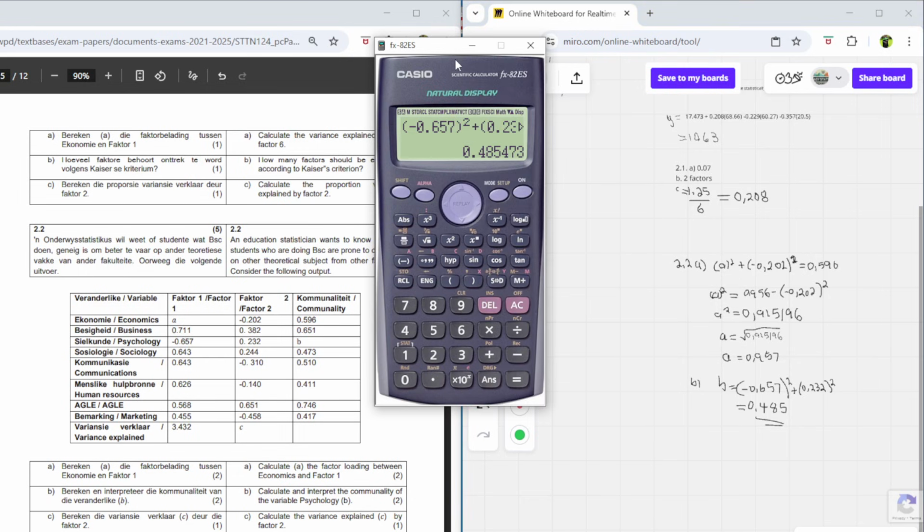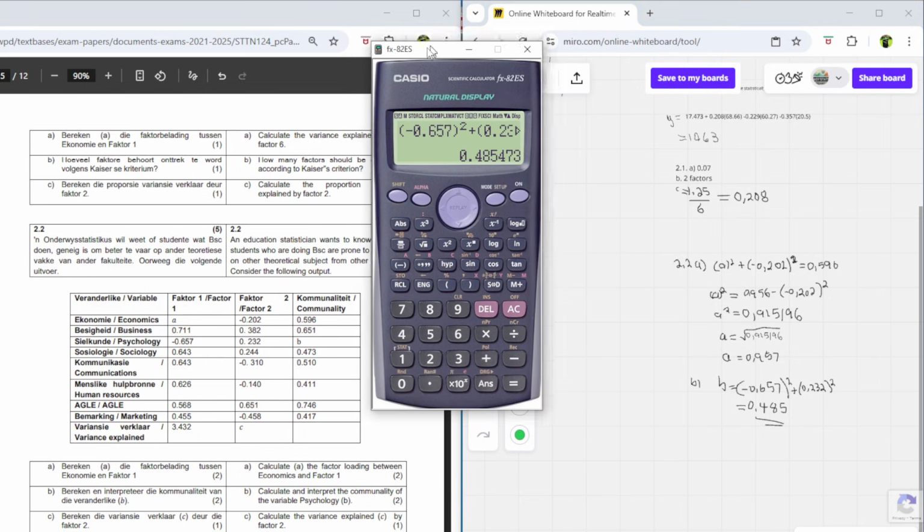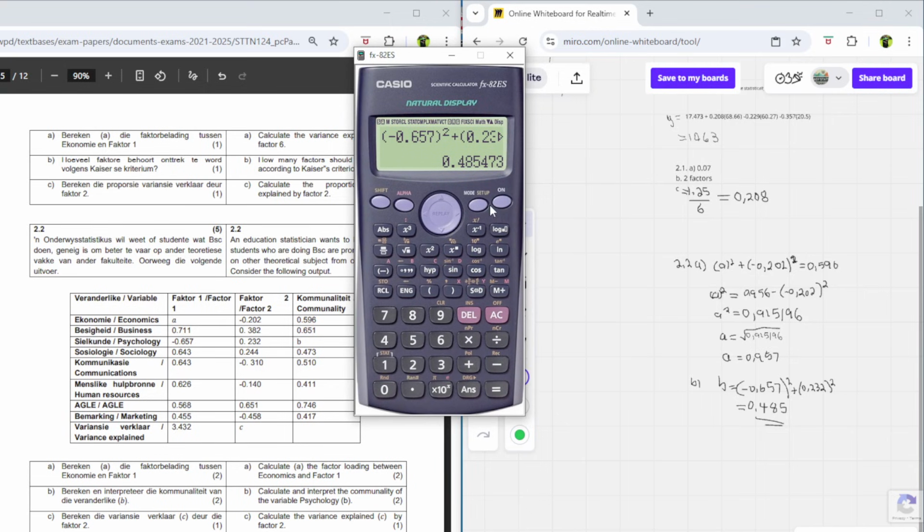Another way to do it, you can do it with the calculator. You say mode, you go to stat with this 2, and then you go to one variable, say 1, and then for the x you put your factor loadings 1 2 3 4 5 6 7 8.